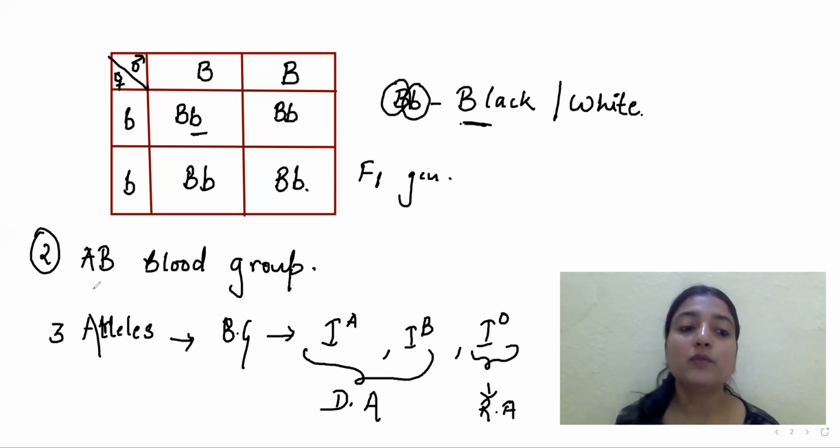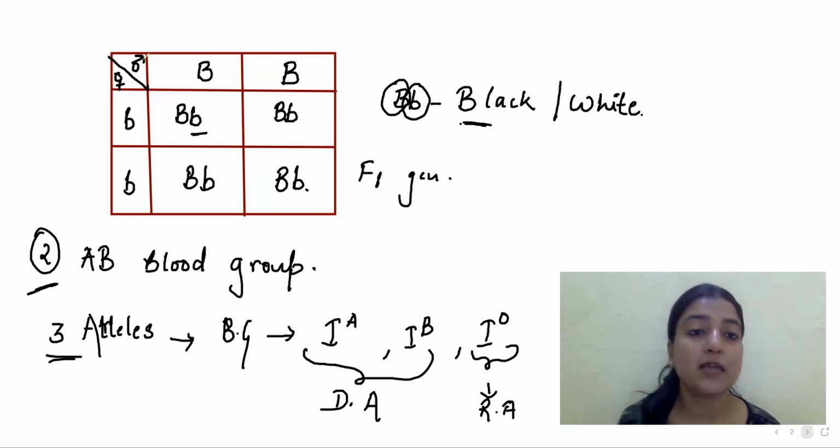And the second example was the AB blood group. The alleles responsible for the blood groups in humans are three in number: IA, IB, and IO. IA and IB are the dominant alleles, and IO is a recessive allele.